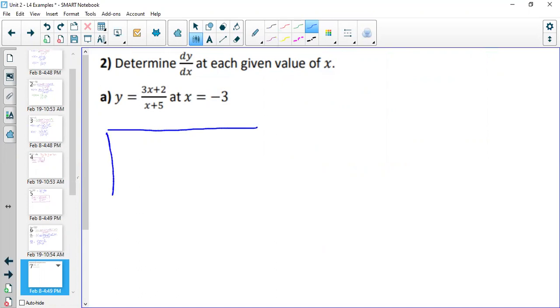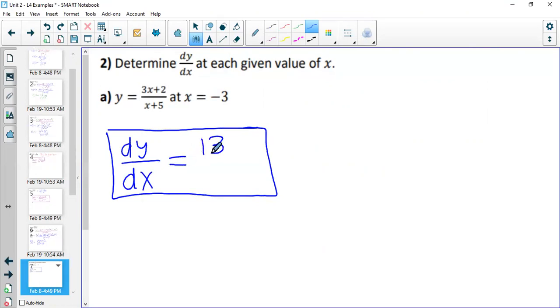So when you get your derivative function, you should have dy over dx is equal to 13 over x plus 5 squared.